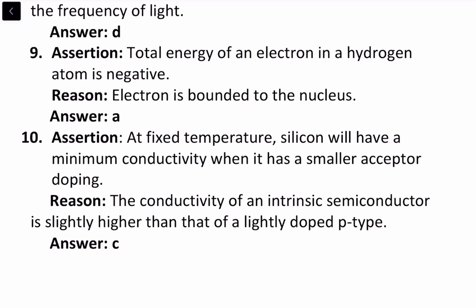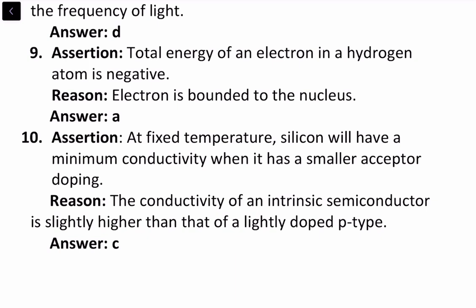Doping means adding impurities to the pure semiconductor. Yes, when you add impurities to a pure semiconductor, its conductivity increases. So the conductivity of an intrinsic semiconductor increases when you add impurities, whether acceptor or donor.